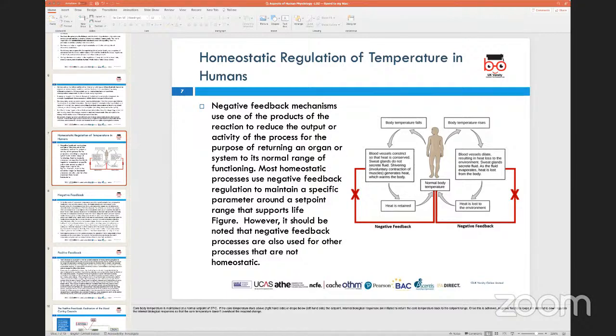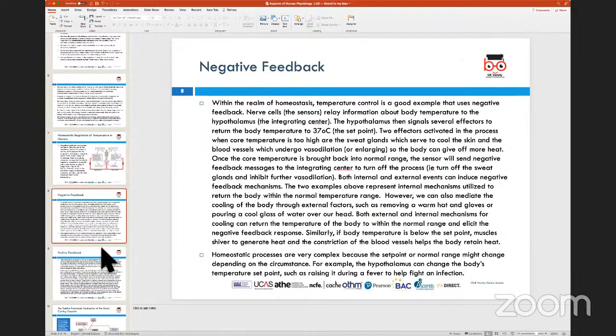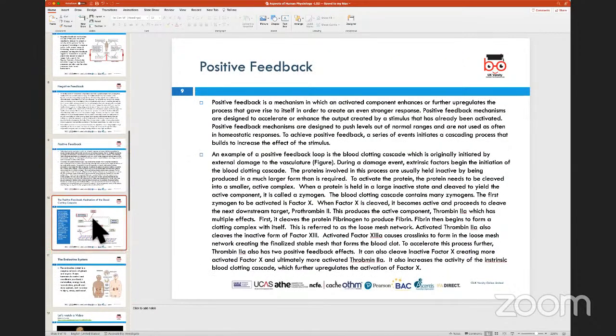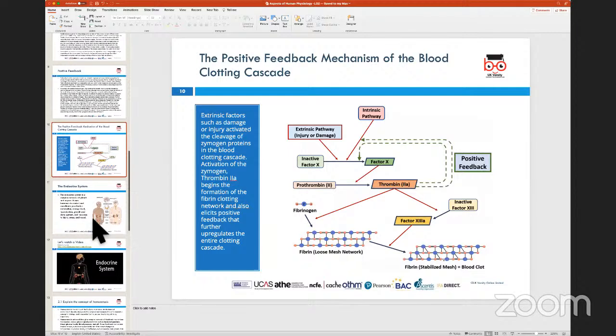So you can see this as a positive or a negative response which is required by the body to be created. And what we need to know is one example of what a positive response would be and one example of what a negative response would be that the homeostatic process would trigger. And that is what we've understood by going into the detail of understanding the positive and negative feedback loop.